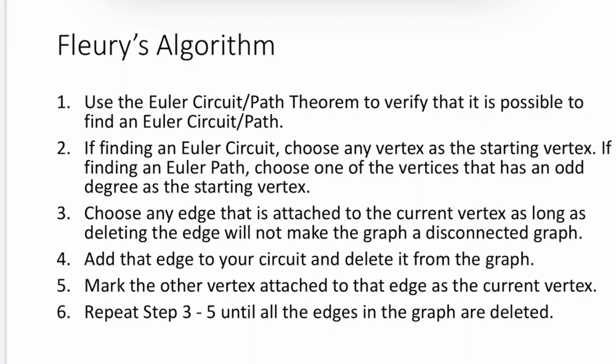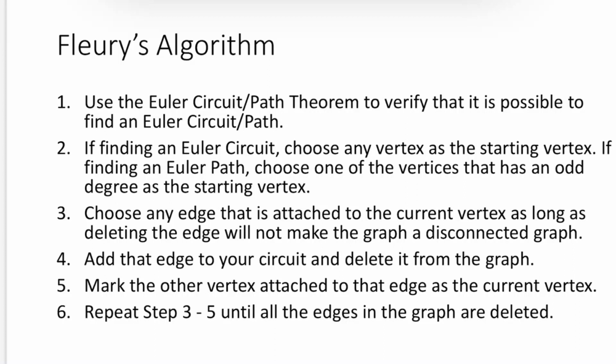Then, if it is possible to find an Euler circuit, you can choose any vertex as your starting vertex. But if it's an Euler path, where 2 of them are odd, then you choose one of the vertices that has an odd degree as your starting vertex.